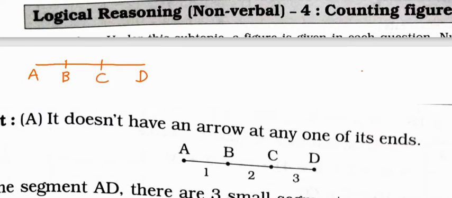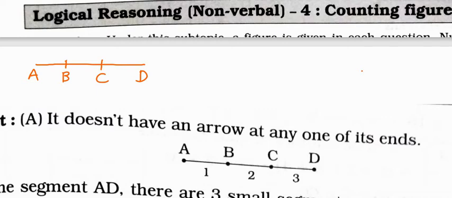Then we have to count the total number of segments. AB is first, BC is second, CD is third, AD is 4, then AC is 5, BD is 6. Then 7, then 8.